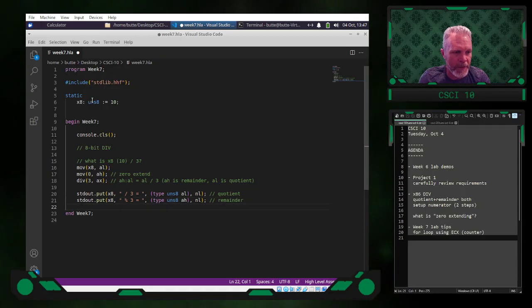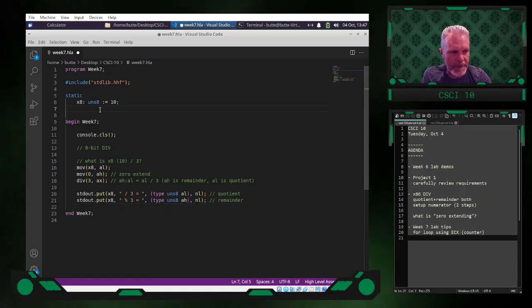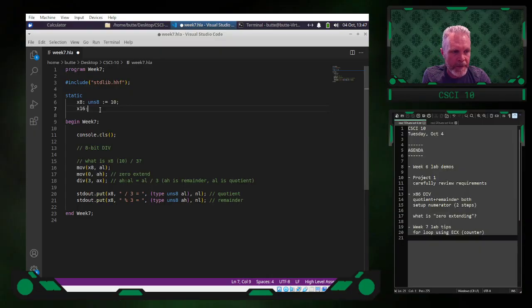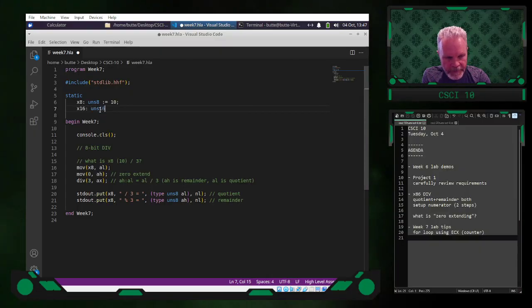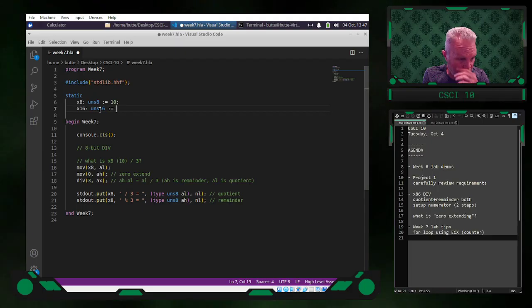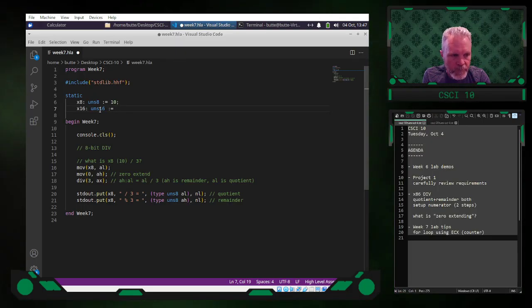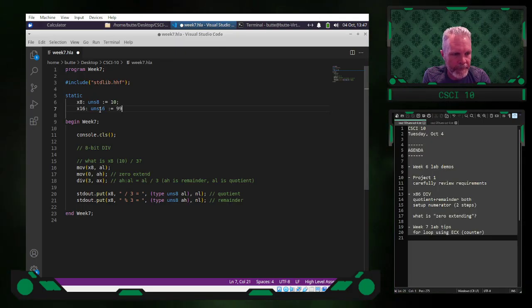Okay, so let's give ourselves a 16-bit one and try the same thing. So X16, that'll be an UN16, and let's make that equal to 99.